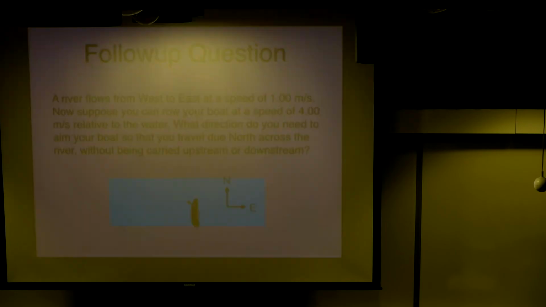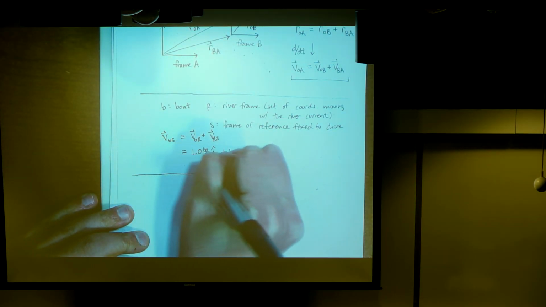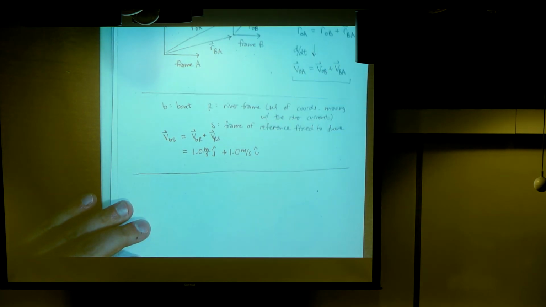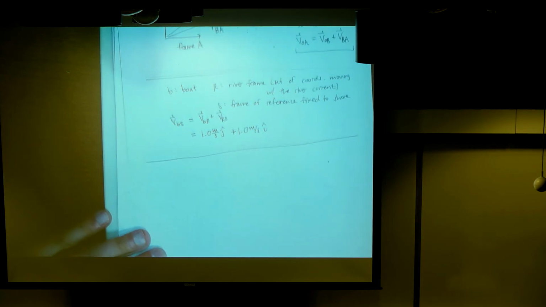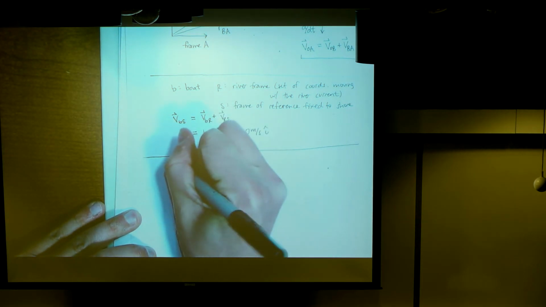So let's do this. For this, I think it's best to use a graphical sort of approach, okay? So we're going to start with the same exact relative velocity equation as before.